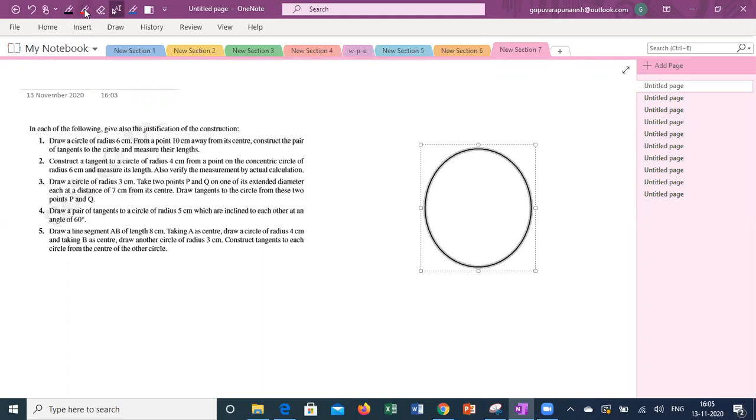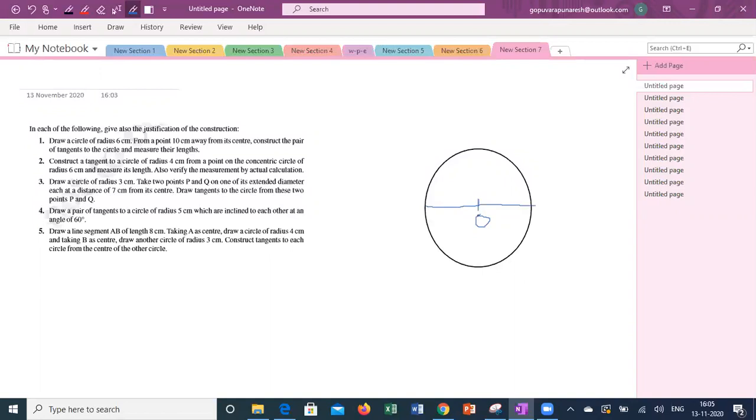Sir, first we have to draw a circle of radius 3 centimeters. This is a circle of radius 3 centimeter and this is the diameter. This is the center, for example. Next, from the center of the circle, we have to measure 7 centimeters, and then mark the points as P and Q, and then bisect the line.